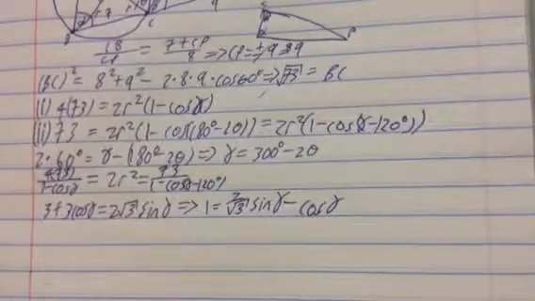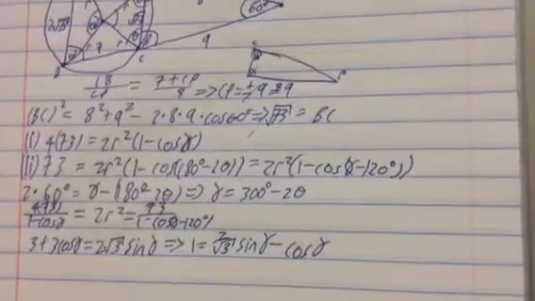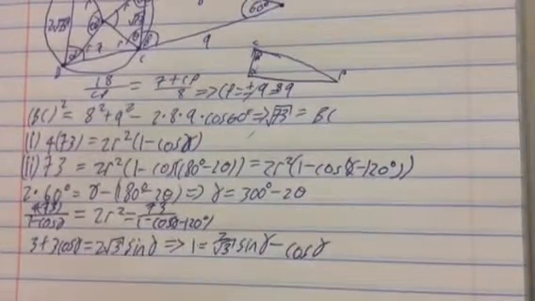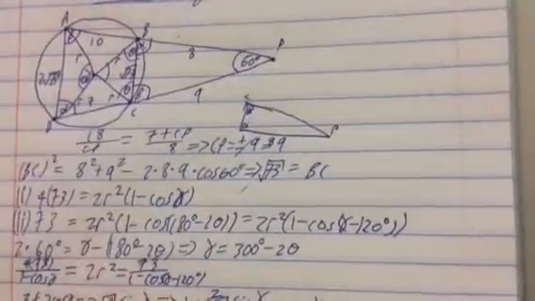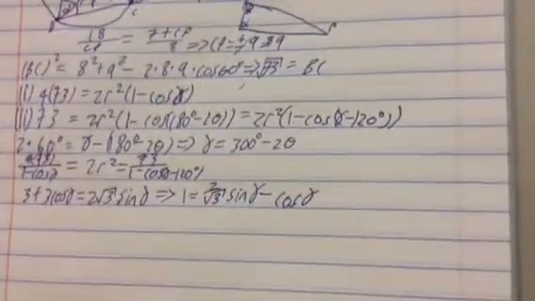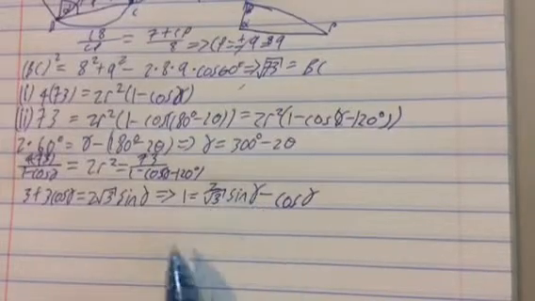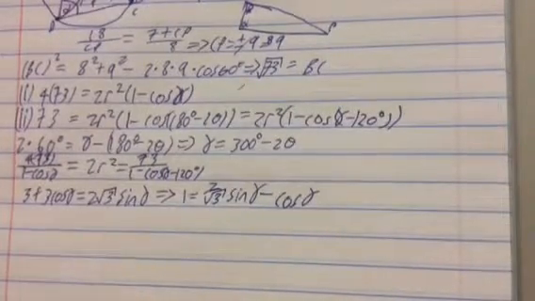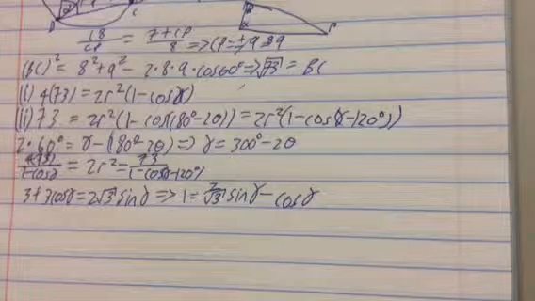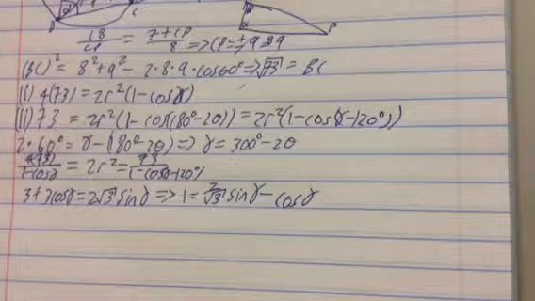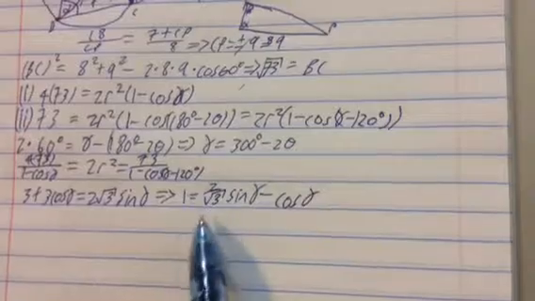So, let's think. For what values of gamma is this true? What we have to do now is to find gamma, all we have to do is do two things. First of all, we have to bound gamma easily, and then we have to find the value or the values of gamma that satisfy this equation, because that's all we need to do.